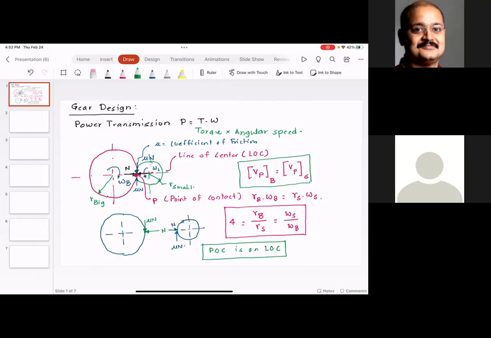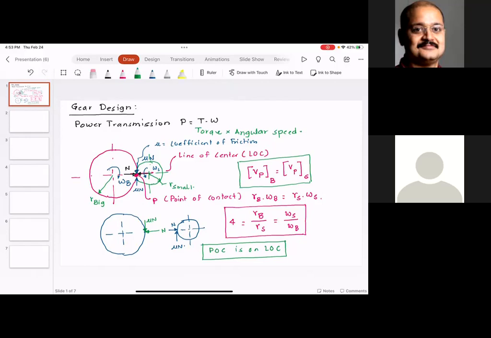There is a geometry, and ideally we assume that the kinematics is governed by the geometry, but it's not required that the kinematics be constrained by the geometry. Depending upon the operating conditions, maybe slippage, friction, the kinematic parameters could be different.